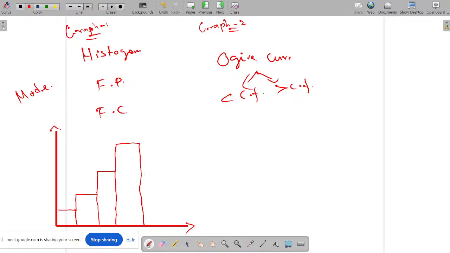Then 12, 10, 8, another 8, 6, 6. Okay. This is a histogram. For frequency polygon and curve, we'll do it later.